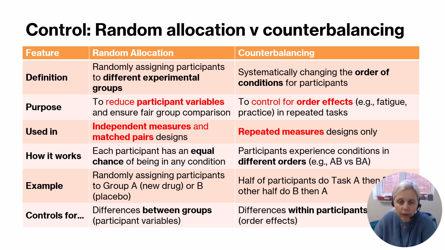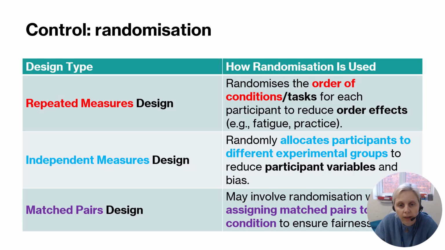You can't control completely because, because of randomization, some people of a certain kind might, by chance, all end up in group A and the others in group B. However, the way you increase control in independent measures and matched pairs would be through random allocation to the conditions.